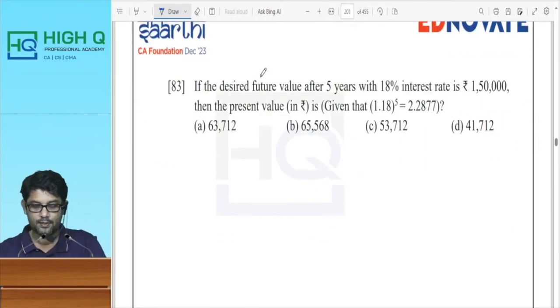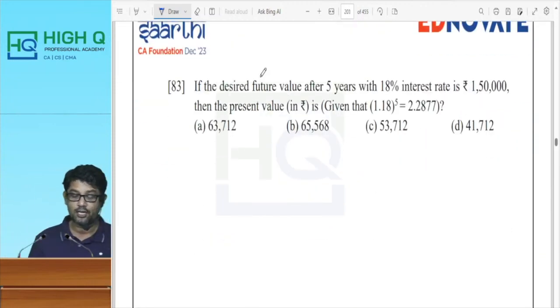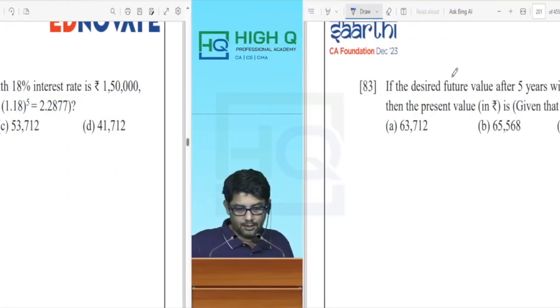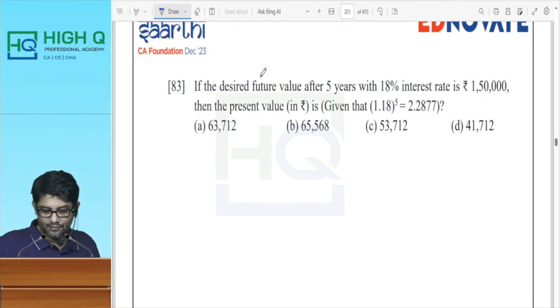Now, if the desired future value after 5 years with 18% interest rate is 1,50,000 rupees, then can you please find out the present value fast? Give me the answer for this, my dear. What I could see, whenever the problem comes based on present value, you are struggling.